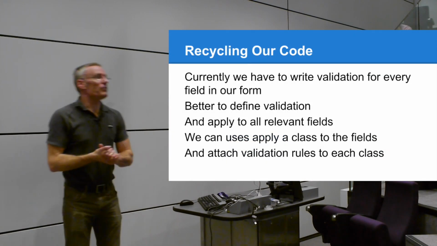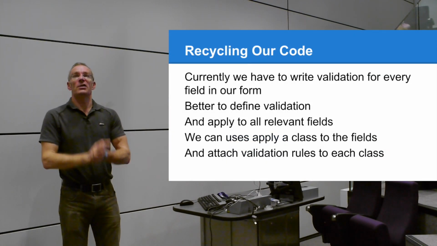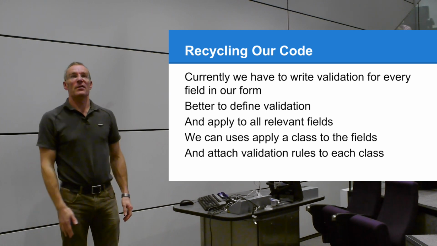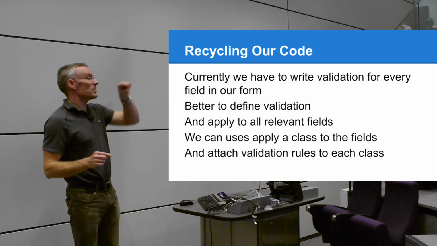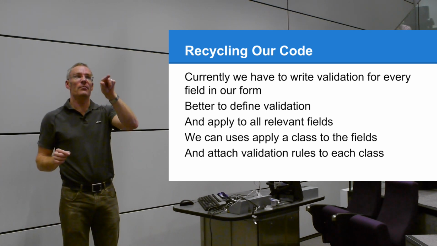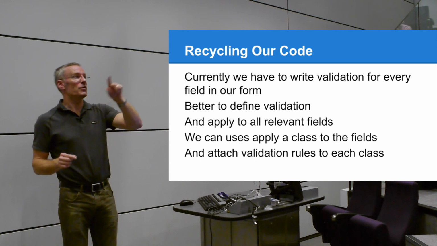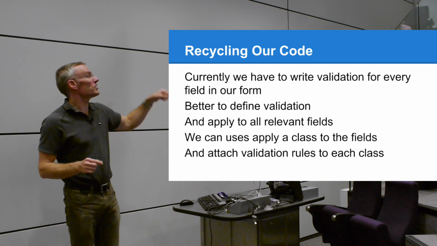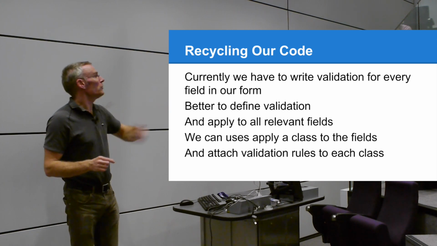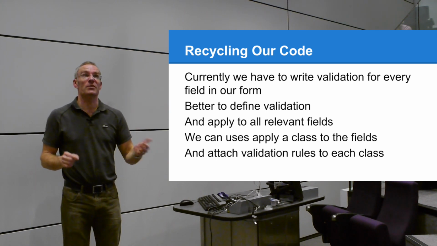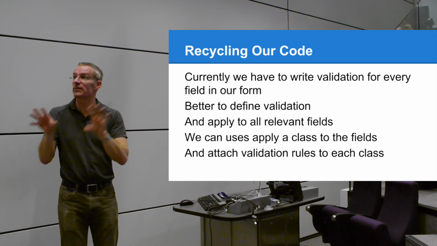Right, if you do it my way, you're going to have to write loads and loads of JavaScript, because remember my selector was input name equals UN, wasn't it? I'd have to do input name equals PW, input name equals name, input name equals address. I'd have to have loads and loads of different bits of JavaScript to handle every possible permutation for every possible field.